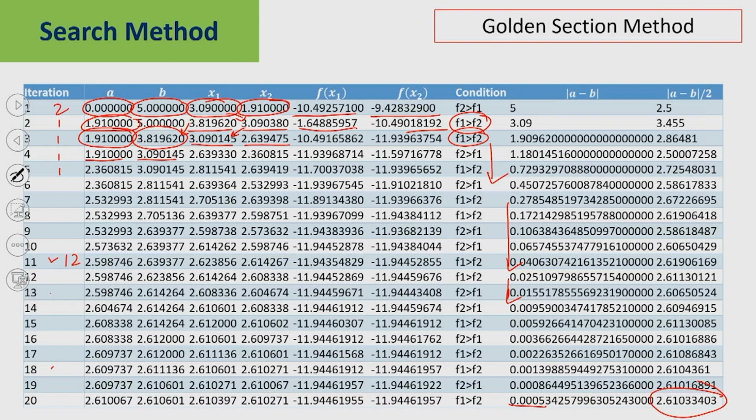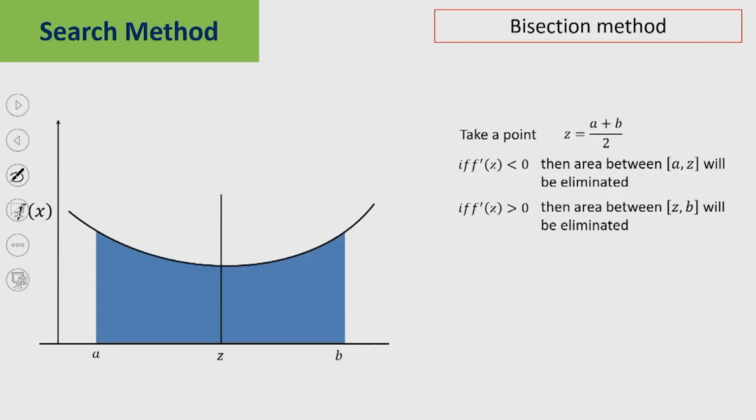Then let us go to the next algorithm. The next algorithm is the bisection method. So in the bisection method, what are we doing? We are taking a point z, which is (a plus b) by 2, that means the midpoint.